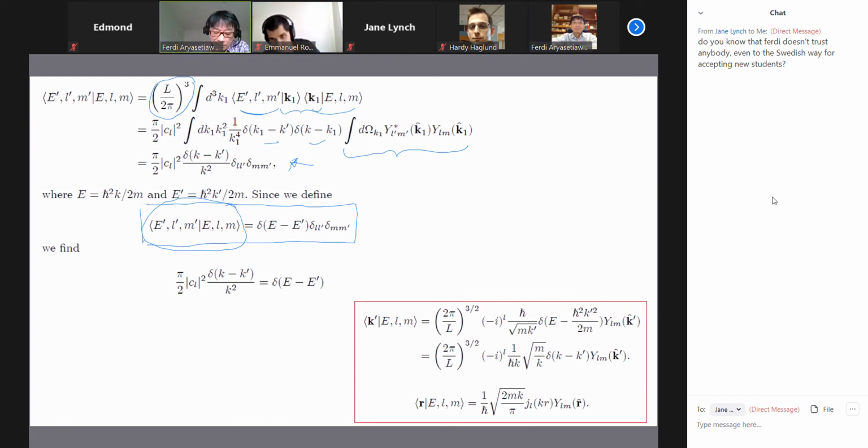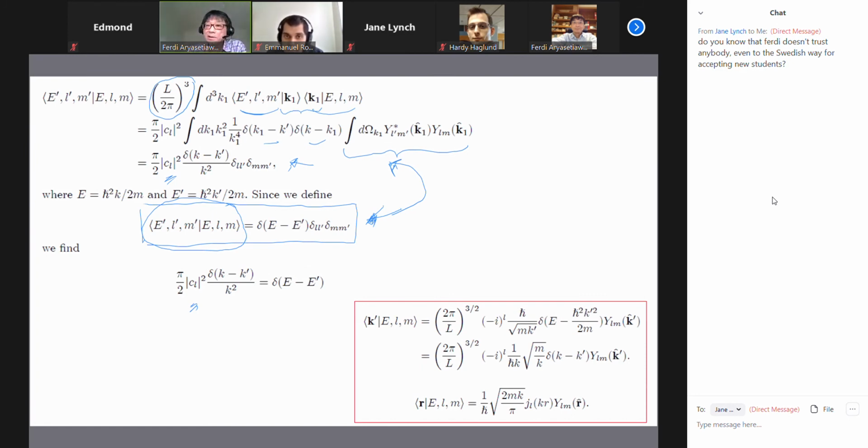From this definition of our states, that is, we define it to be orthonormal, that gives us an expression for the coefficient C. So the C can then be calculated by comparing this to the expression here. That gives us the coefficient C.